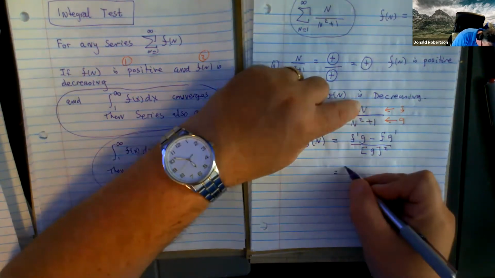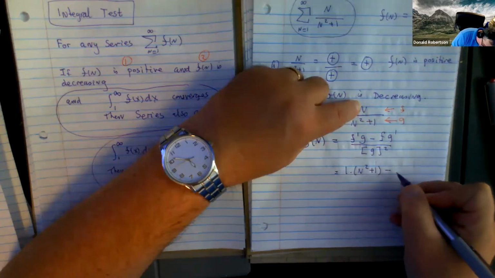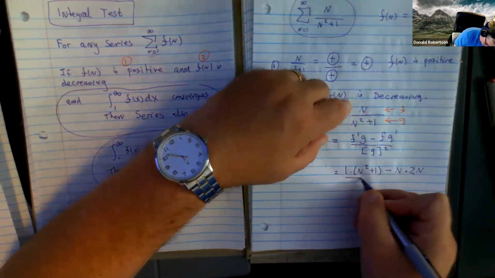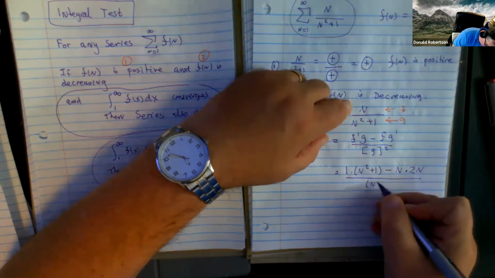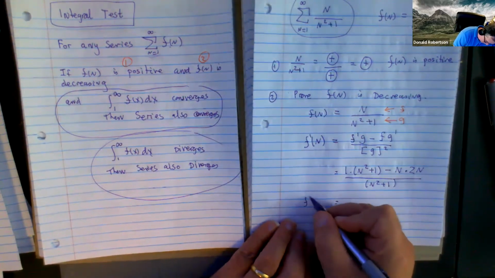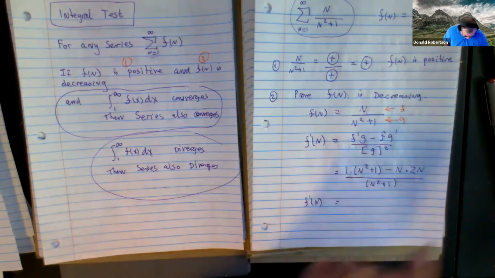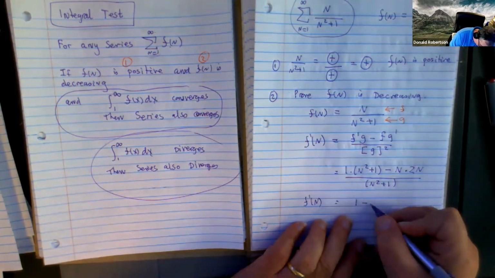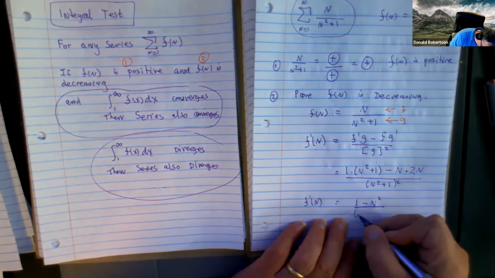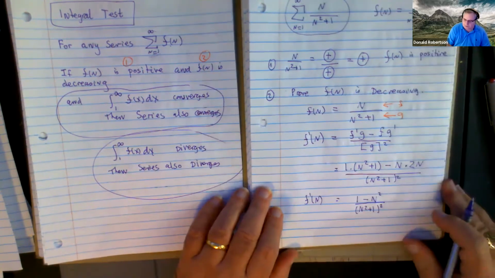If you differentiate that guy, you get 1. You leave the other guy alone. Take away, you leave this guy alone, and you differentiate that guy. And the whole thing is going to be over n squared plus 1 squared. 1 times n squared plus 1, take away 2n squared. That gets me 1 take away n squared, all over n squared plus 1, squared.